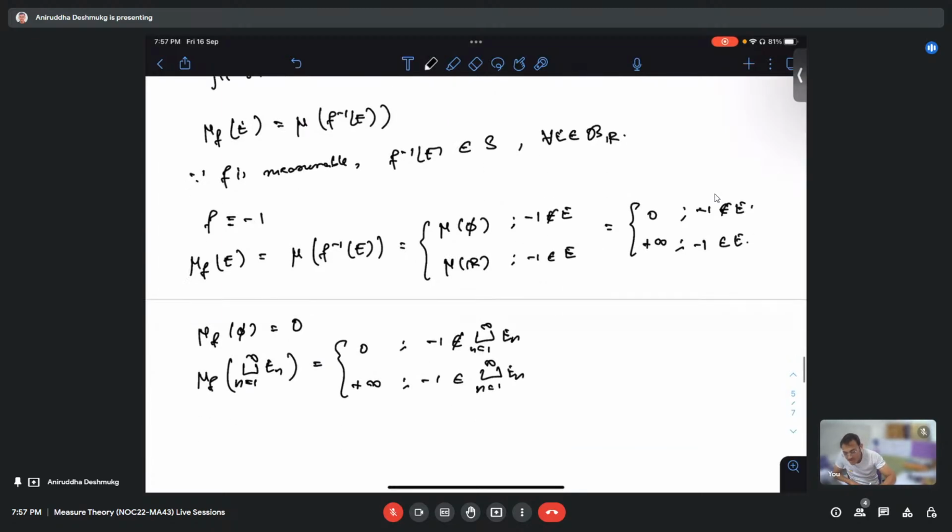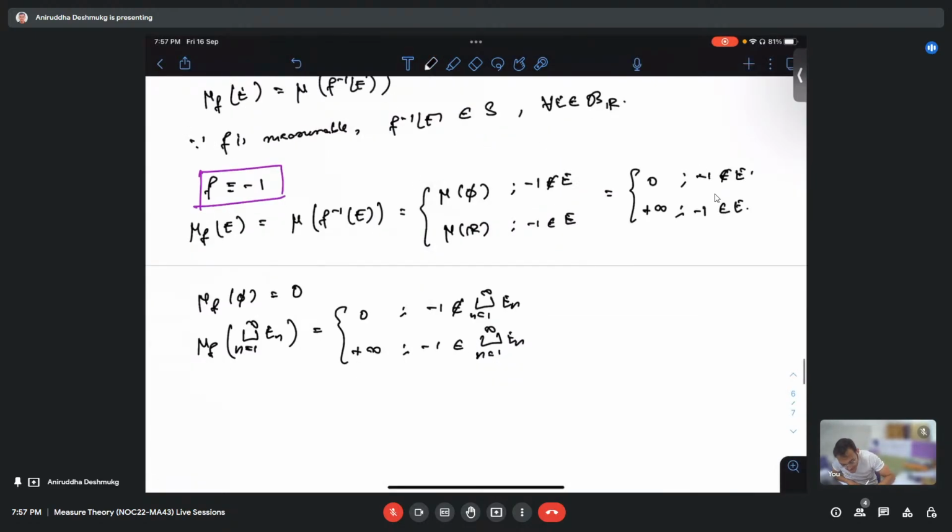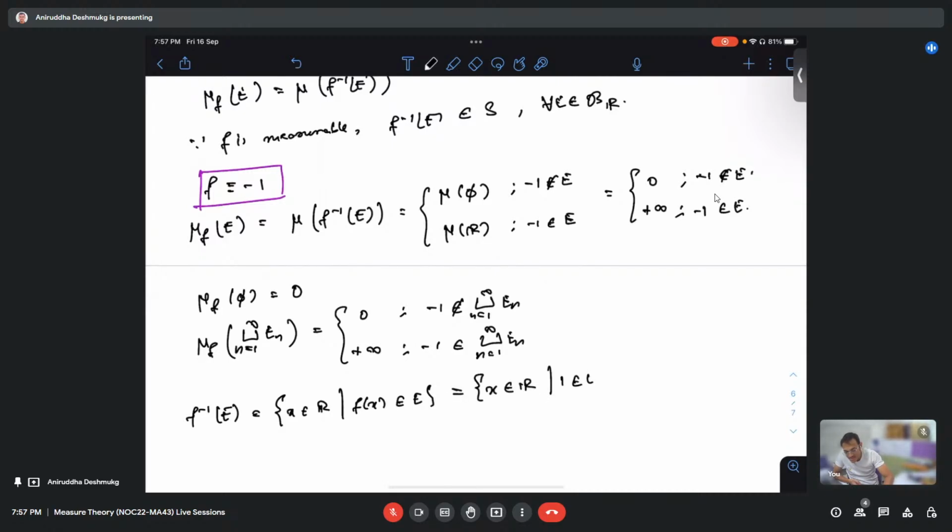Yes, because the function I am considering, f, is identically minus 1. So what do you mean by f inverse of a set E? It is the collection of all those elements in R such that f(x) is inside E. But f(x) is only minus 1, right? So this is the collection of all those elements in R such that minus 1 is inside E.